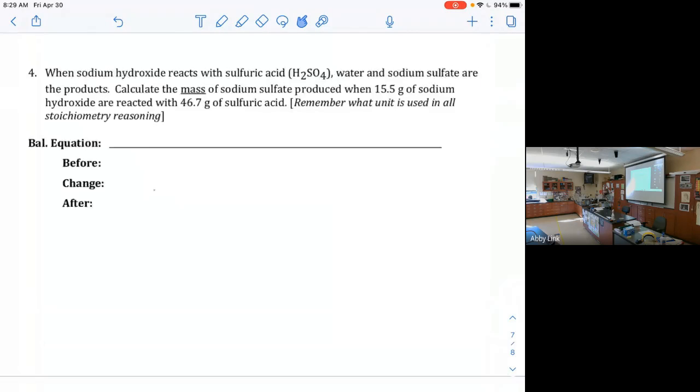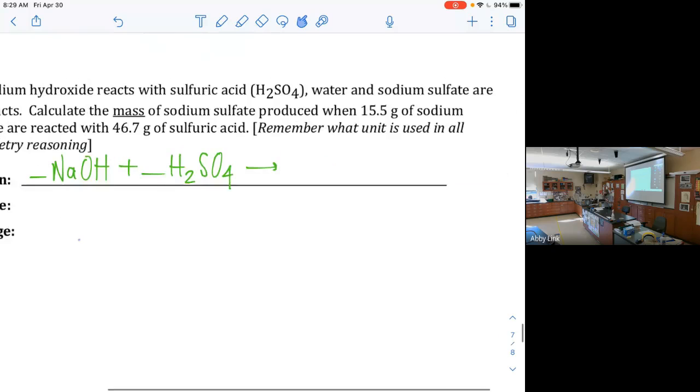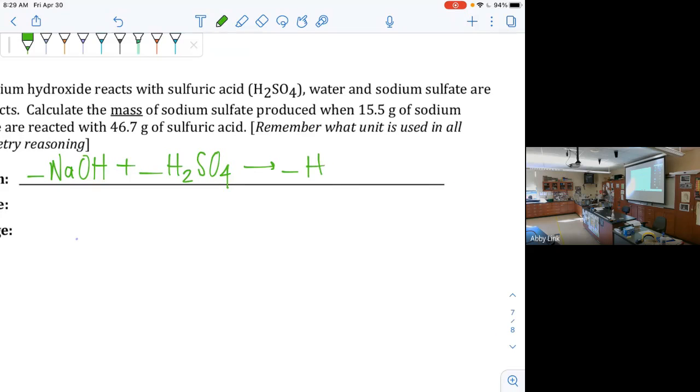Sodium hydroxide reacts with sulfuric acid. Okay, so let's start by writing this reaction out. Sodium hydroxide, sulfuric acid, to give us the formula there. Water and sodium sulfate are my products. Here's the water. And sodium, positive 1, sulfate, minus 2, so Na2SO4.